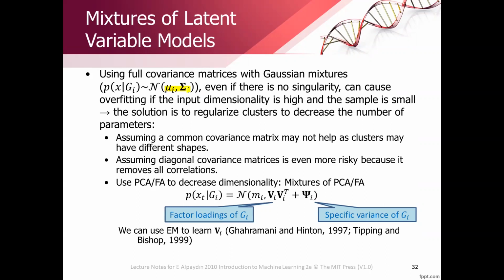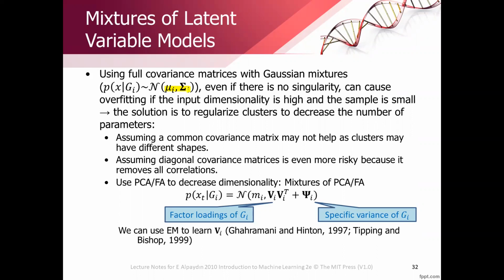For example, if we suppose that all the clusters should have a similar model, similar in the sense that they can have different centers, but similar dispersion around the mean.